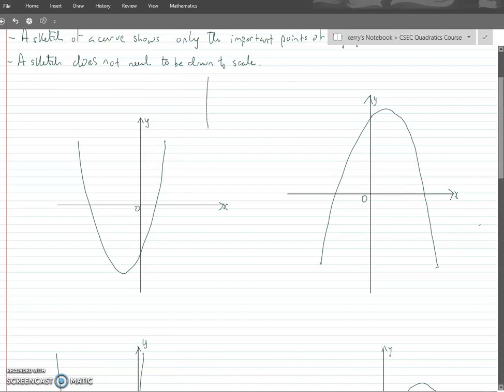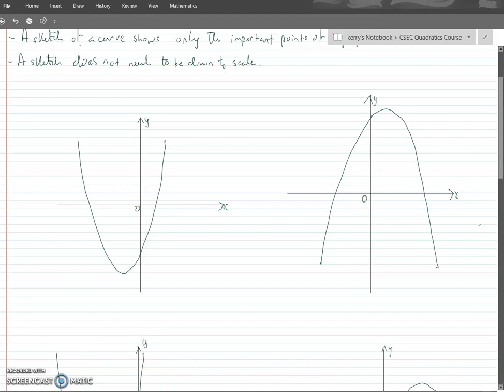Let me clear up something just one time. A lot of people draw the graph looking like a bowl. We don't want a bowl. This is not how a quadratic curve looks. You notice how this looks almost like a V, but you're rounding it at the bottom or at the top.